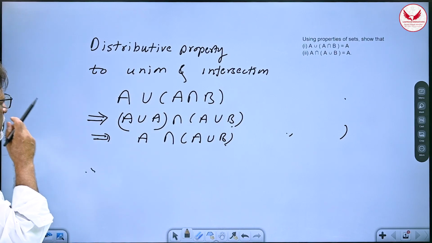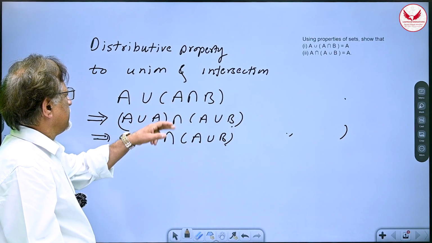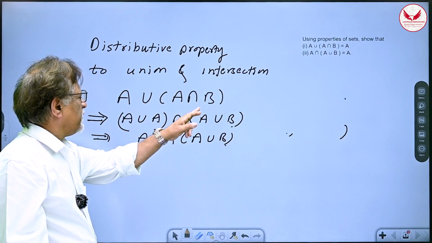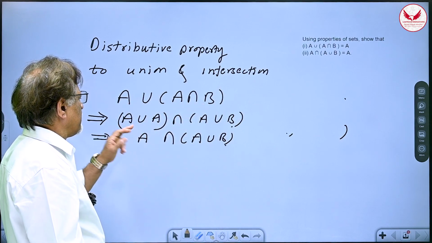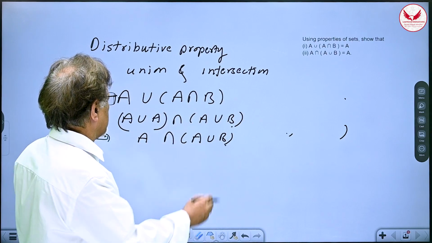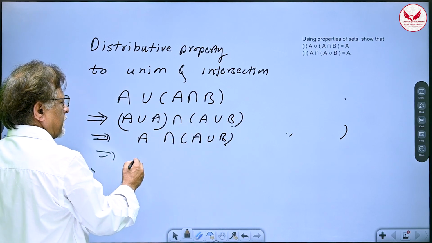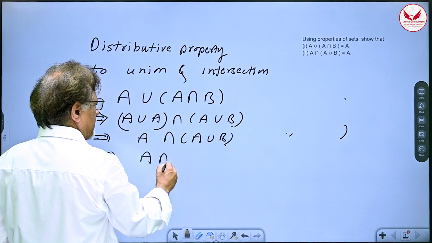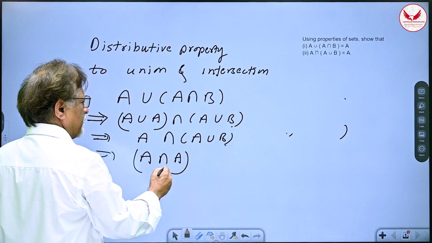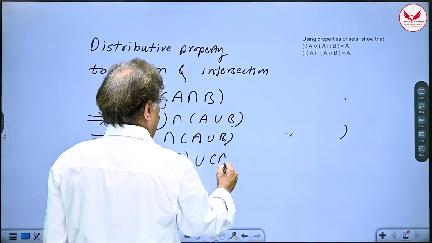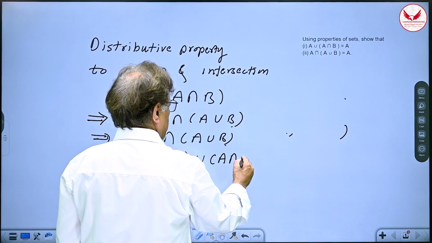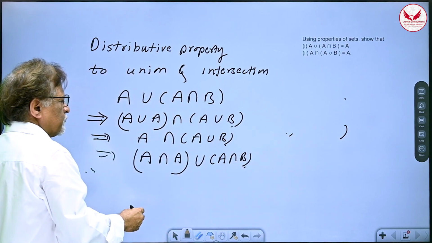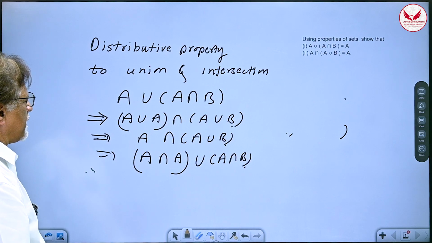A union A intersection A union B. Now A union A is nothing but A. So A intersection, now what does that mean? That means A intersection A, union A intersection B. Correct? So what does that mean? A intersection A is A only.